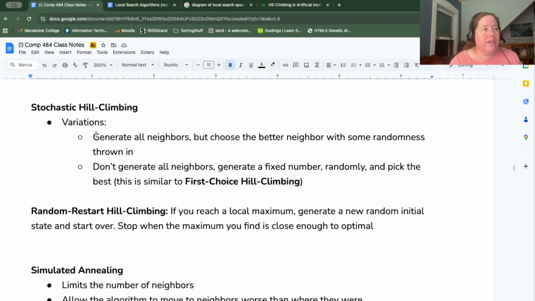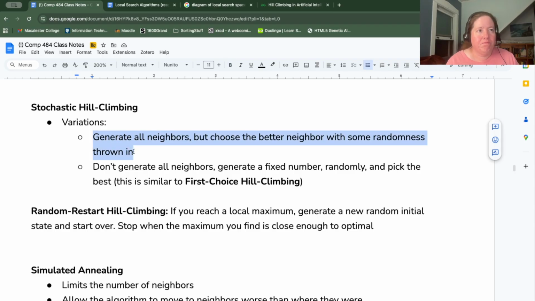There is a variation that says generate all the neighbors, evaluate all the neighbors, but don't necessarily always choose the most optimal one. So what you might do is to have some kind of random method like resampling that you use in order to choose among the neighbors.